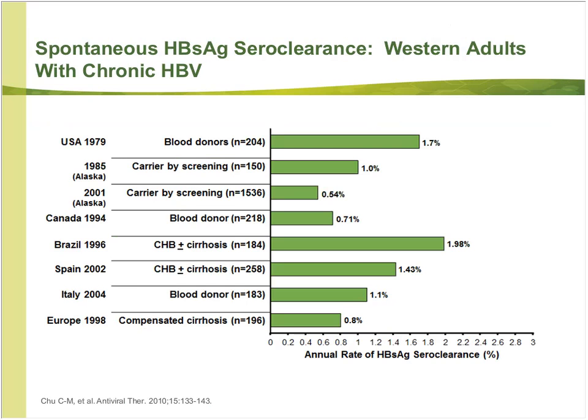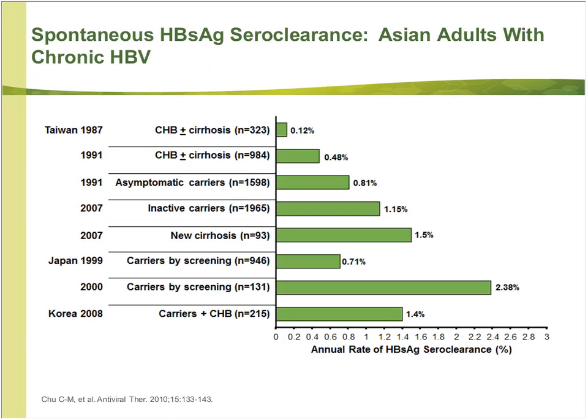You move to Brazil, that's going to be mostly adult-acquired or horizontally acquired hepatitis B. And here we have a 2% range. But there are other patients that clear on their own, especially if they have higher ALTs, lower quant DNA levels. But that quant S trajectory is going to help define what direction they go.